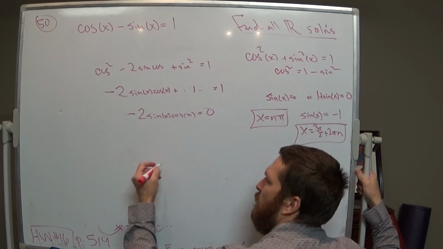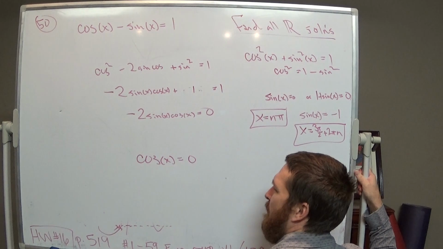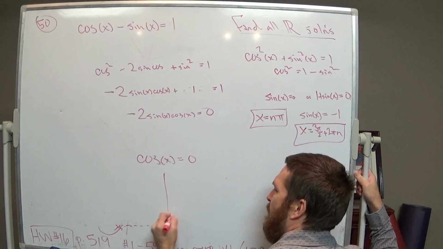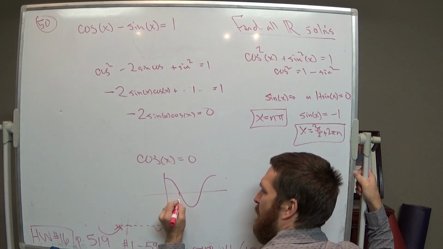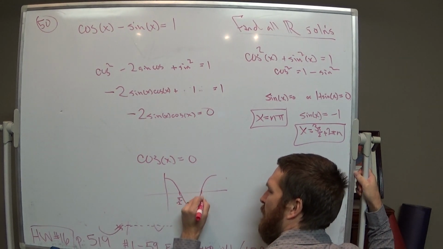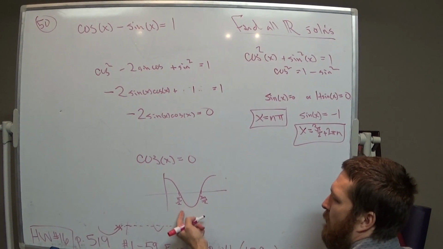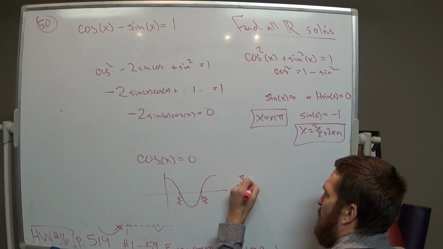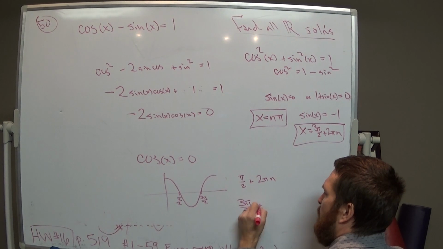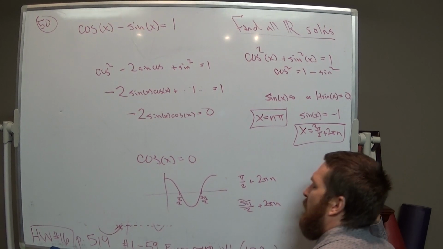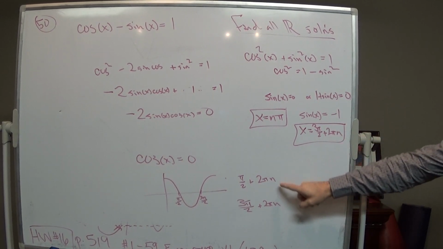So where is cosine 0? It occurs at pi over 2 and at 3 pi over 2. And so you would say, well, it's pi over 2 plus 2 pi n and 3 pi over 2 plus 2 pi n. Interesting thing is, these are the same.